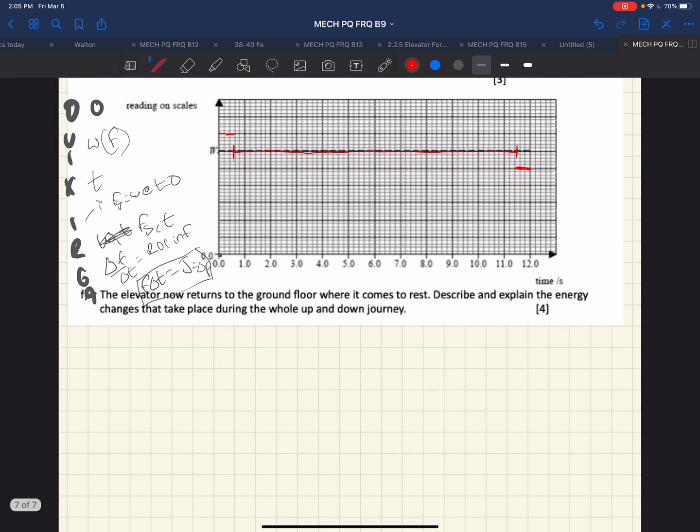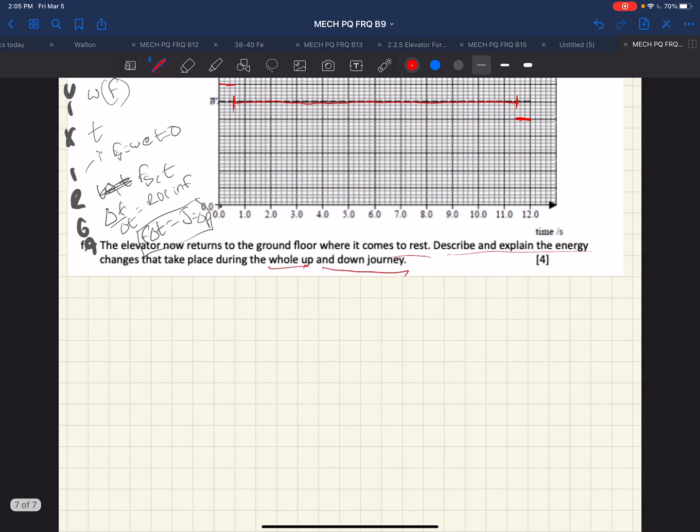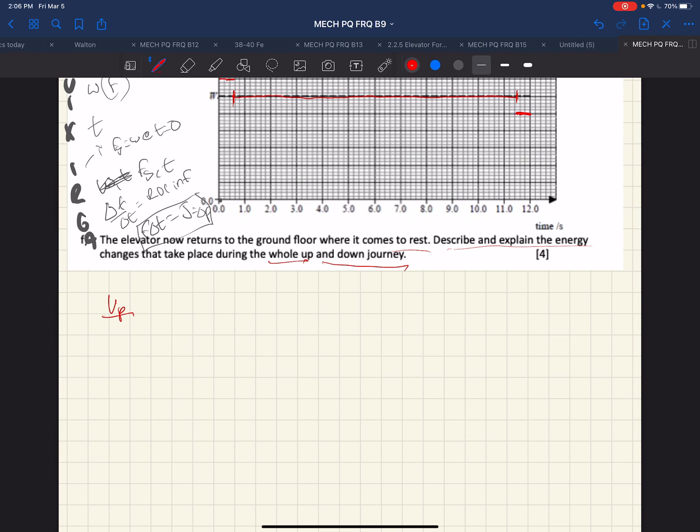Part F, we are asked to, it returns to the ground floor where it comes to rest. Describe and explain the energy changes that take place during the whole up and down journey. So what we have on the way up is we have electrical energy going into kinetic energy and gravitational potential energy while accelerating.